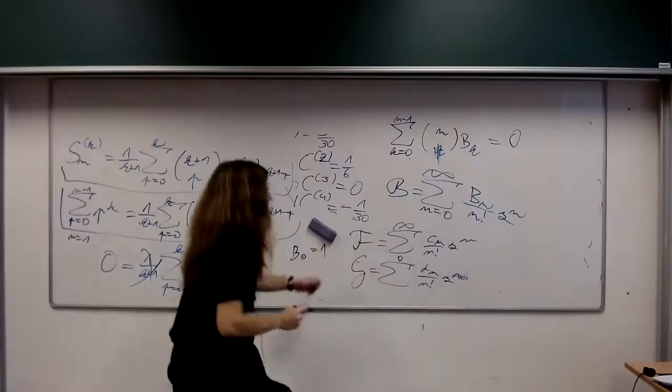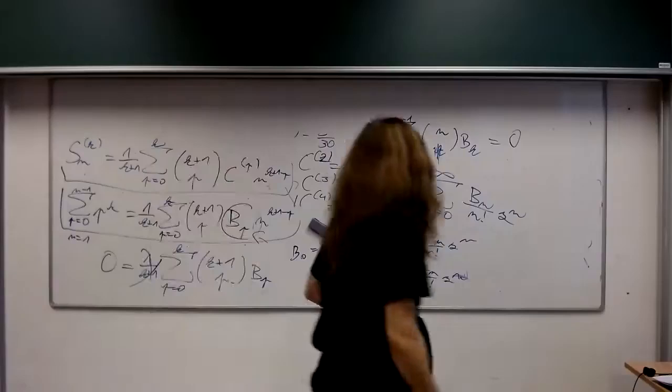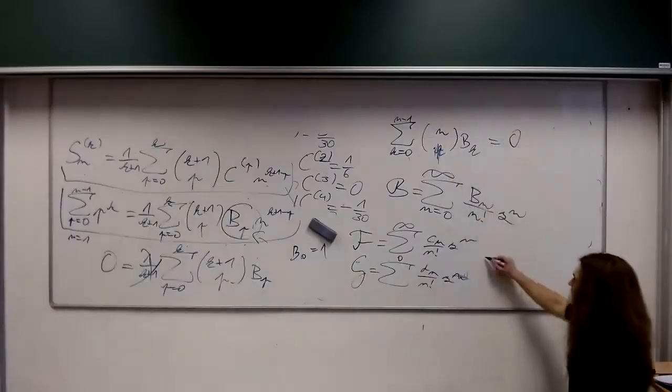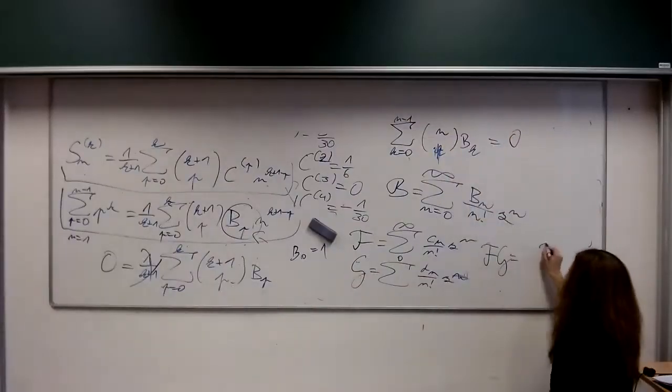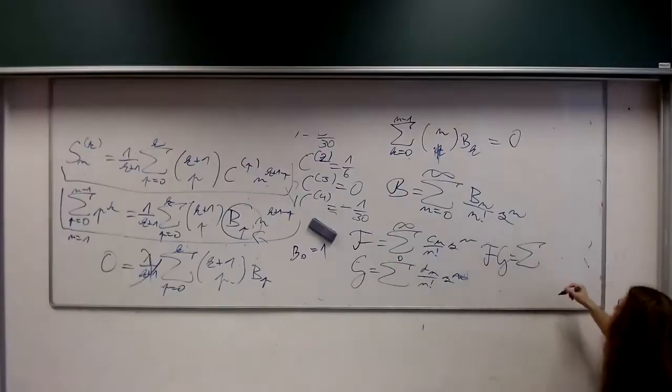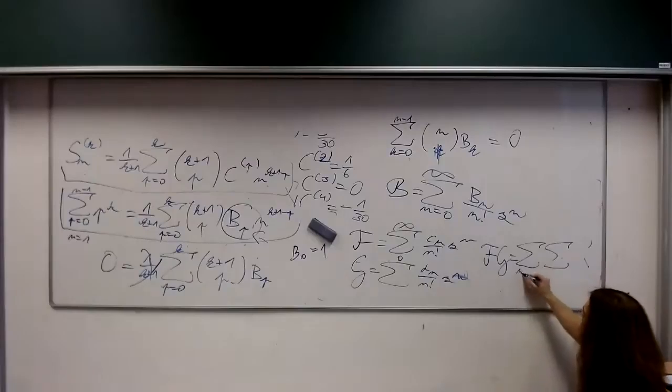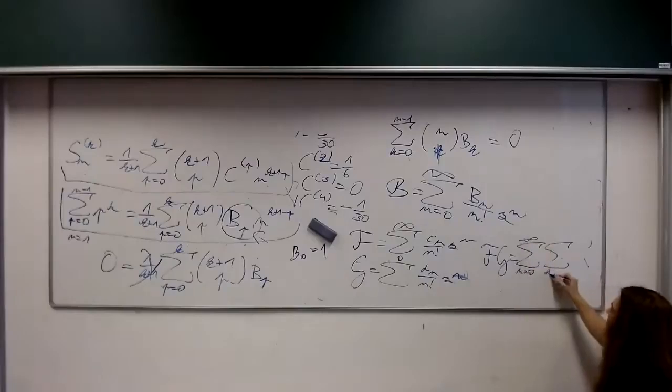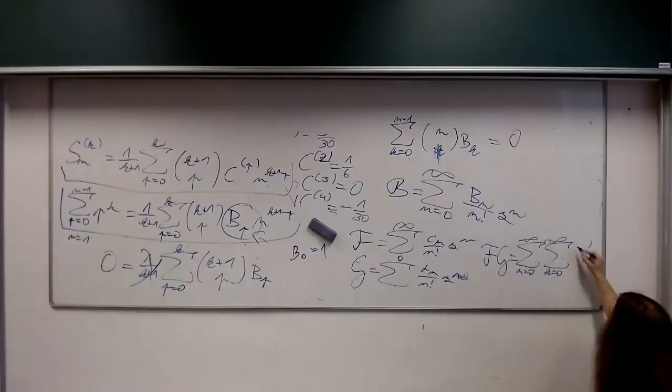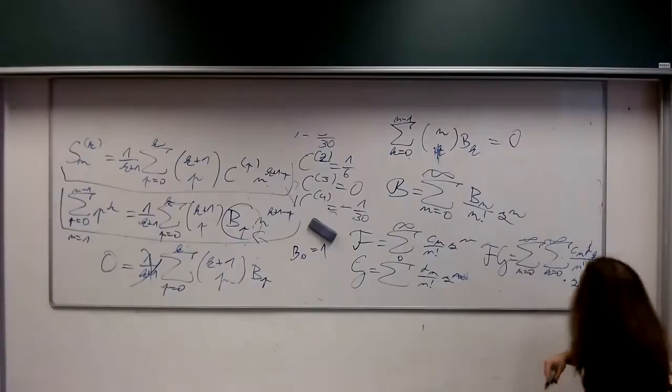Then if we multiply them term by term, we get F times G equals, oh, there's too little space for that, but essentially we do the two sums, one over n, and the other over k, let's say. And here we have c_n d_k over n factorial k factorial times z to the n plus k.